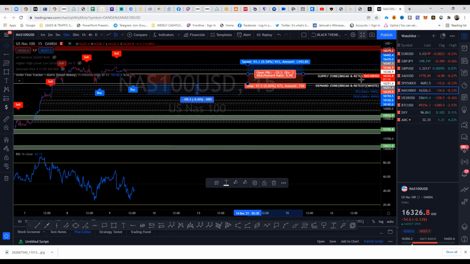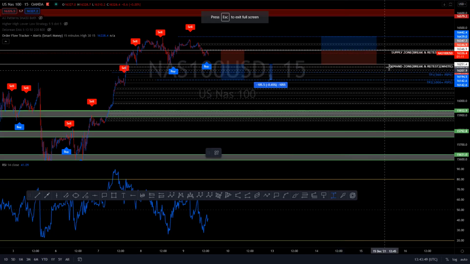Now I'm putting my second risk to reward tool. So I want to get at least 200 pips if it buys up.